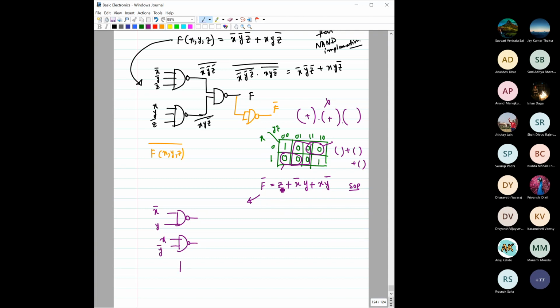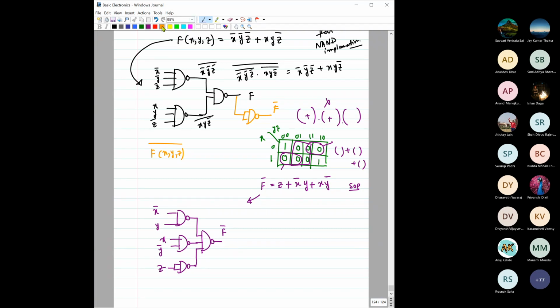And then we have a single variable z, but that z must also go through a NAND gate. So this is another way by which you can implement this f dash.